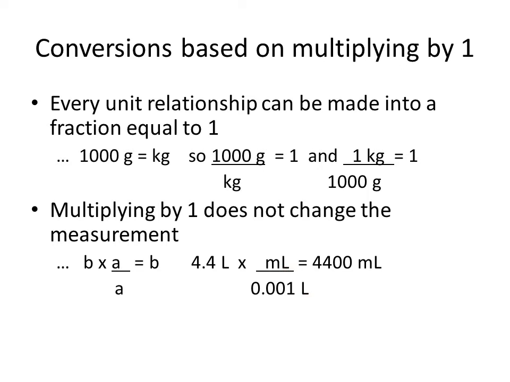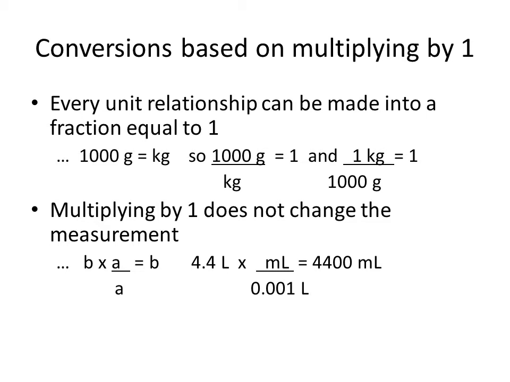I then go and I do my math and I take 4.4 and I divide it by 0.001. Why do I divide? I divide because this is in the numerator. Whenever a number is in the numerator, you always put a divided by in front of it. So the answer to this math will be 4.4 divided by 0.001.